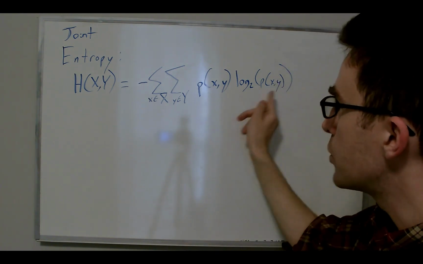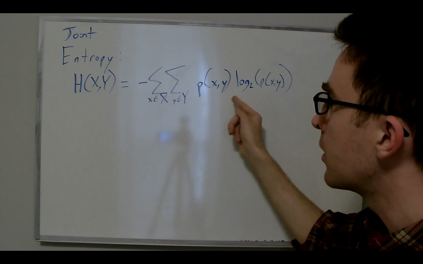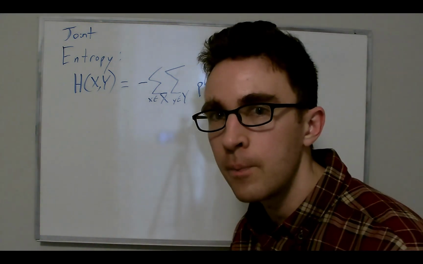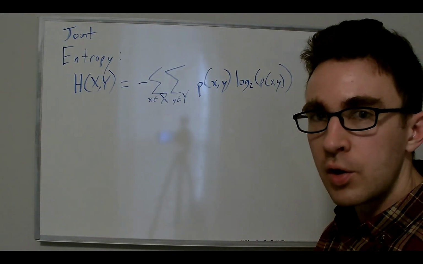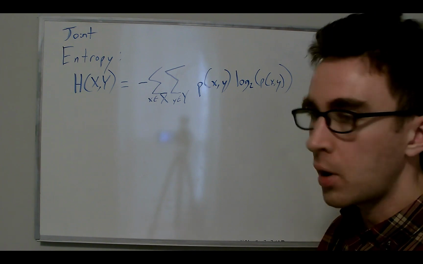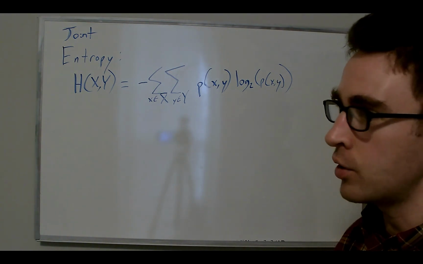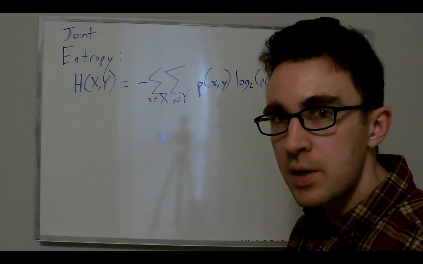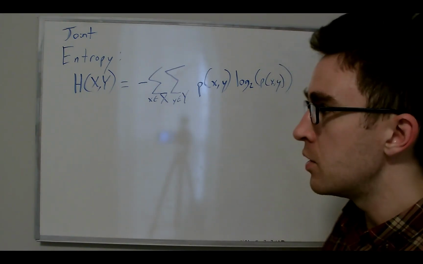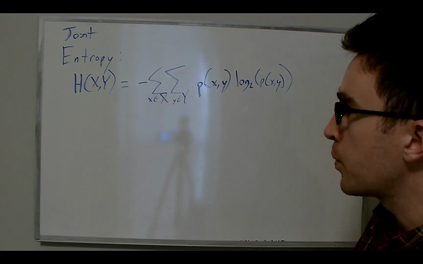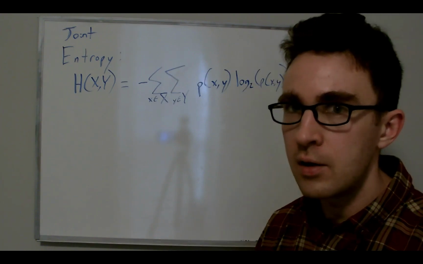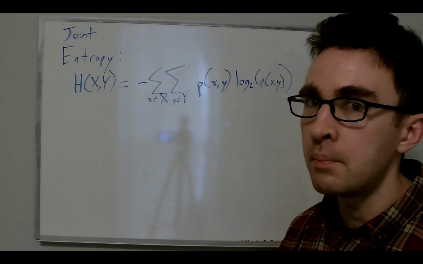Then we add them up the same as before, and make the whole thing negative, the same as before. This is a little bit more complex, so I'm not going to do an example on the board for the joint entropy, but it's calculated the same way as the single variable entropy, except you have to look at the probability of each pair of values.